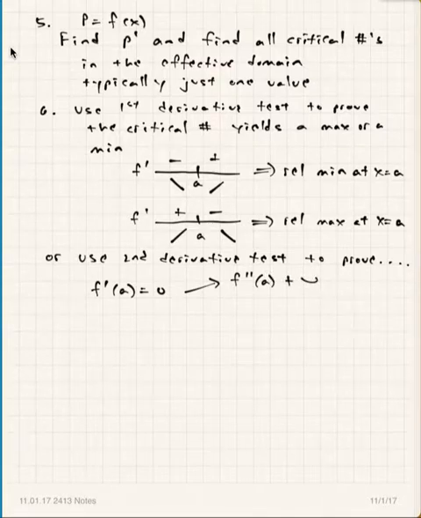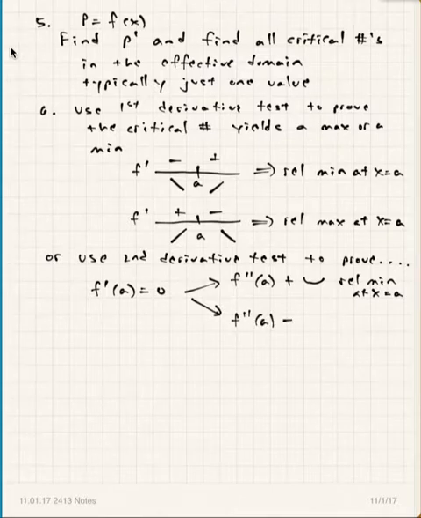So you have a shape kind of like this right here. It means you have a relative min at x equals a. If the second derivative, on the other hand, at a is negative, it means the function at a is concave down. It means you have a relative maximum at x equals a. So this is a different way of proving that a function actually has a relative max or min at the critical number you found.